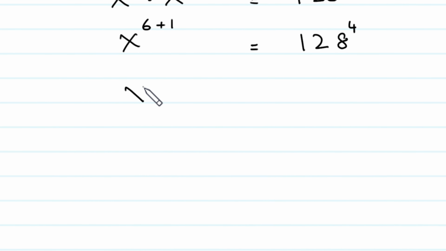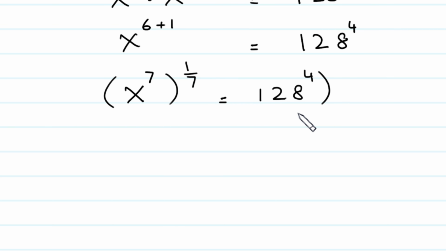Next, x to the power 6 plus 1, 7, is equal to 128 to the power 4. Now to find the value of x, we take power 1 over 7 on both sides. At left side we take power 1 over 7 and at right side we take power 1 over 7.